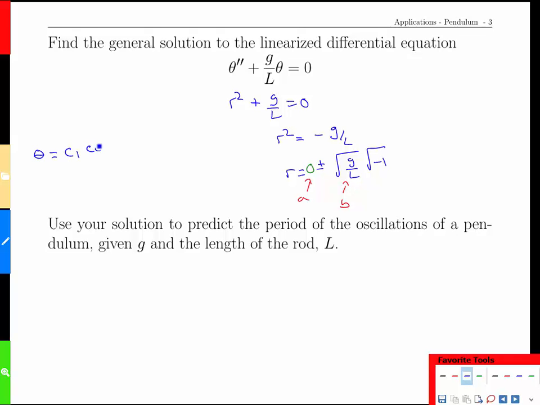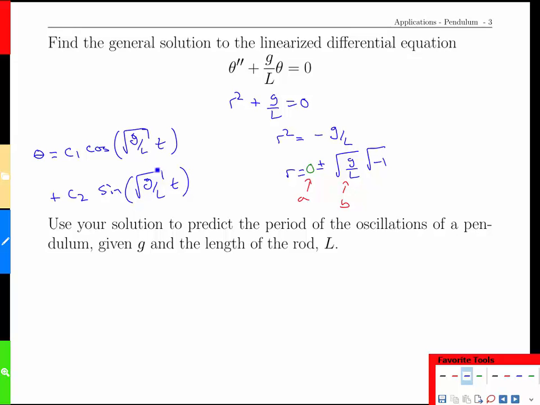So we're going to get a simple cos of root g over L times time plus another constant times the sine of root g over L times time. And that, of course, is a simple oscillatory solution.